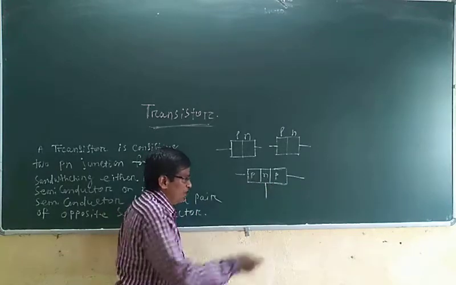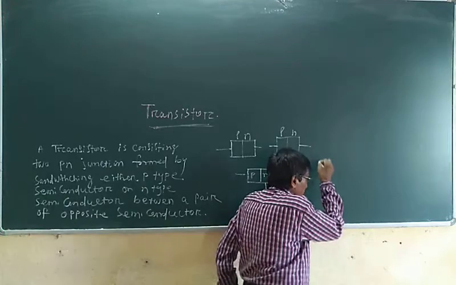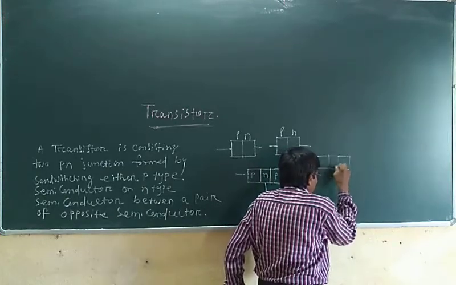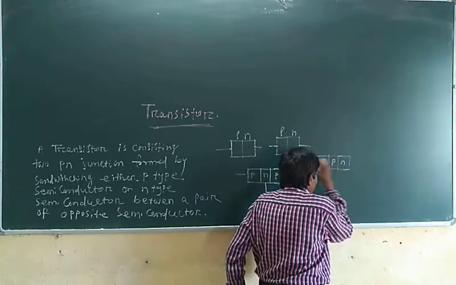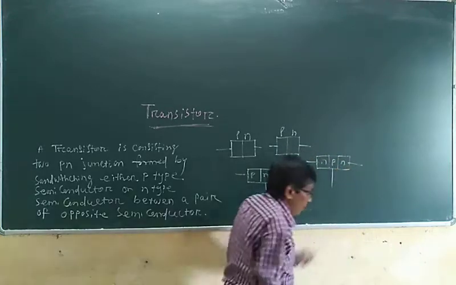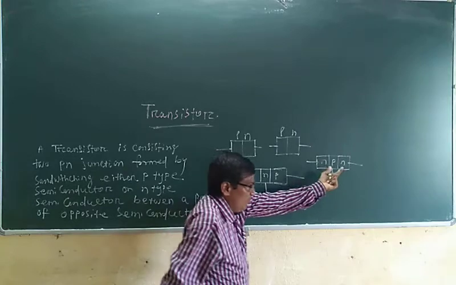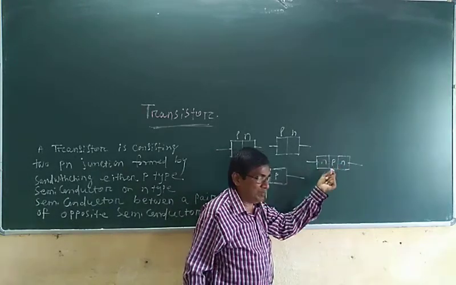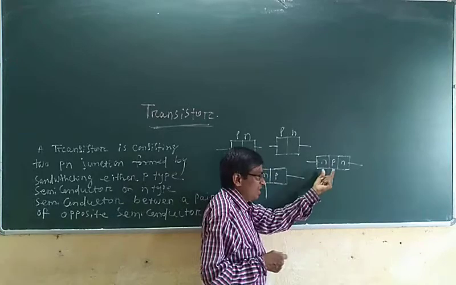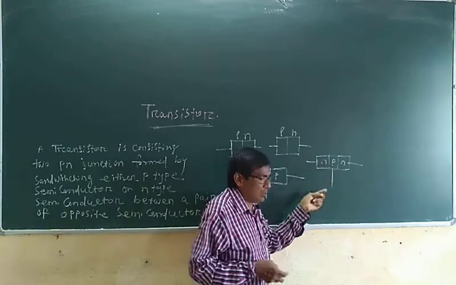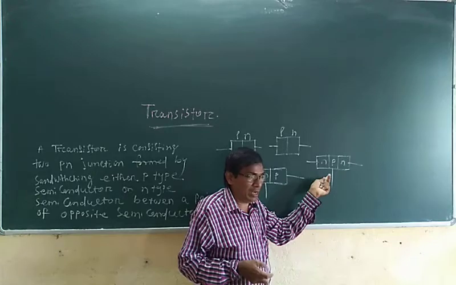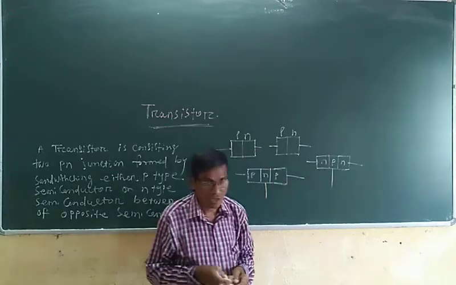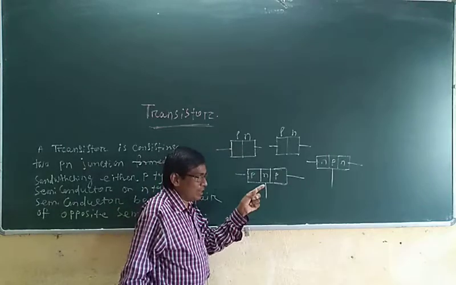In other way, N, P, N. Here, two N material are sandwiching a thin layer of a P material, or otherwise P material are sandwiched in between two N type semiconductor material.